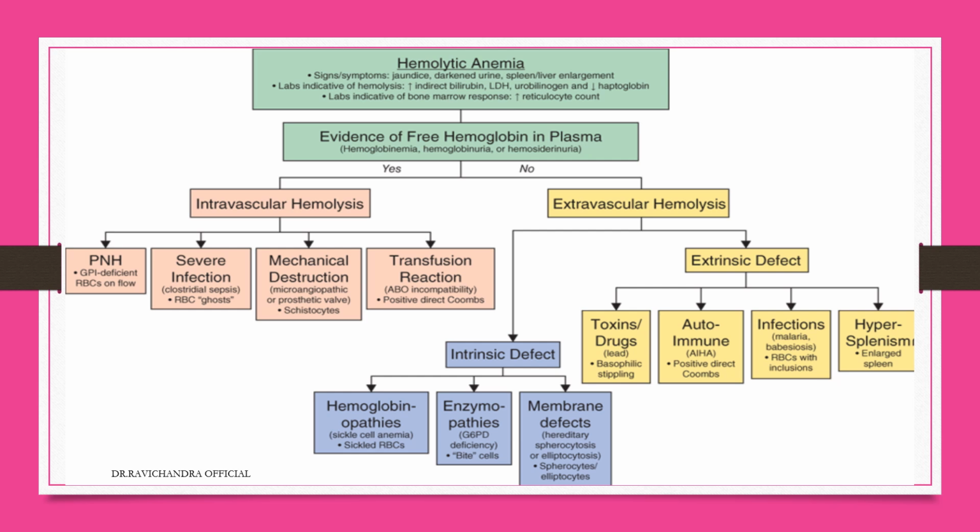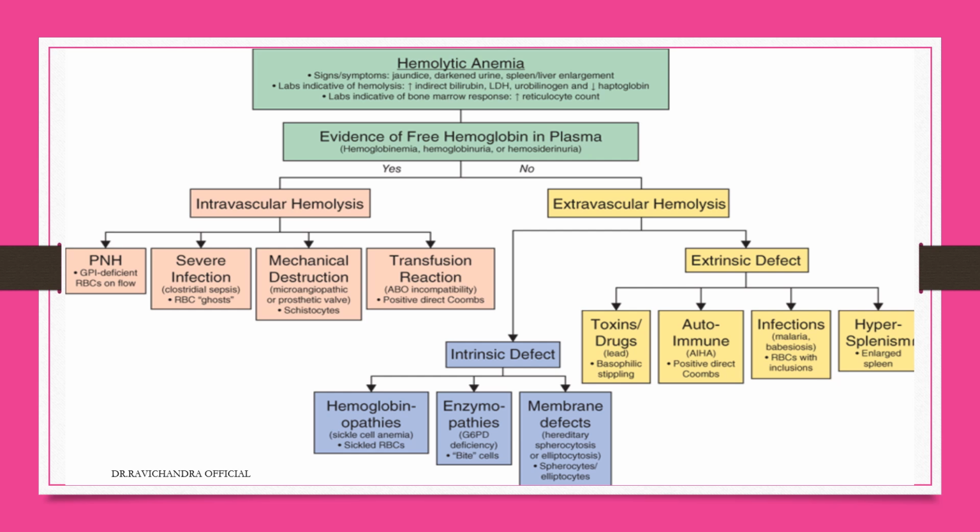Evidence of free hemoglobin in plasma is by hemoglobinemia, that is passage of hemoglobin into the blood, hemoglobinuria, that is passage of hemoglobin into the urine, or hemosiderin in the urine, that is hemosiderinuria. If these three are present, then it is intravascular hemolysis. If these three are not seen, then it is extravascular hemolysis.